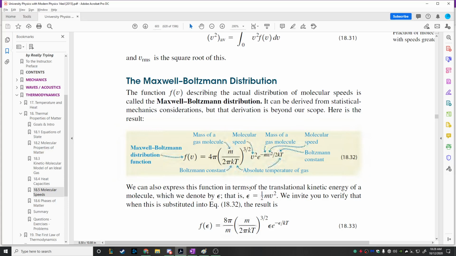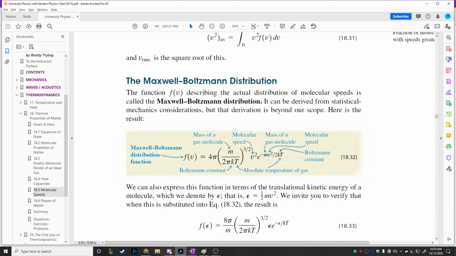And so I figured we just talk about what the things that go into it are. So the mass of the molecule matters. You've got the Boltzmann constant, you've got the temperature. You've got velocity squared, that's the actual velocity of an individual molecule, and then the whole thing is multiplied by this thing right here.